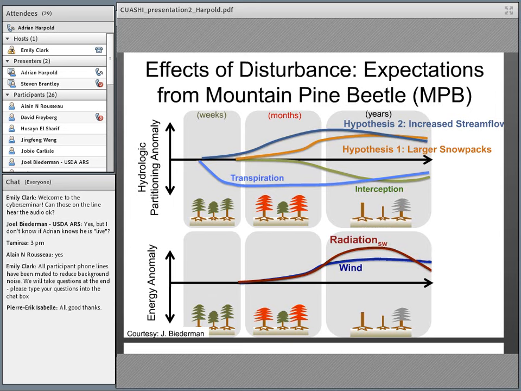And then within months, the trees begin to lose their needles and interception decreases, so more precipitation is making it through the canopy.